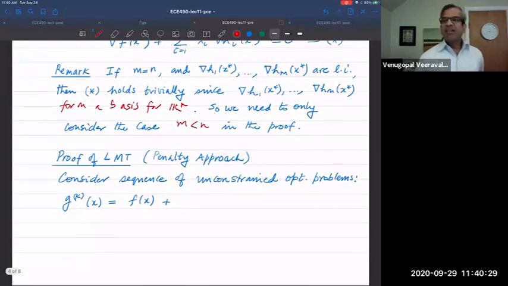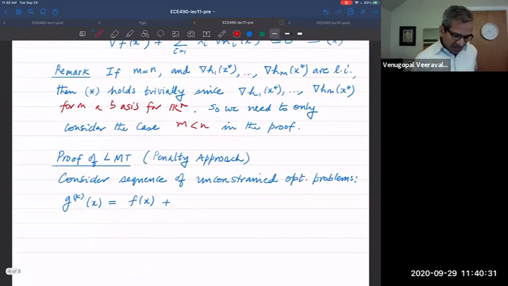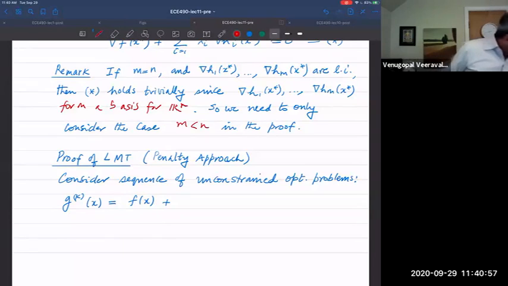All right. Let's take a short break before we get to the proof. But I should mention that there are two approaches to proving the Lagrange multiplier theorem. They're both equally complicated. But I'm going to only do one approach, what's called the penalty approach. If you want to read the other approach, called the elimination approach, it's in section 4.1.2 of your textbook.